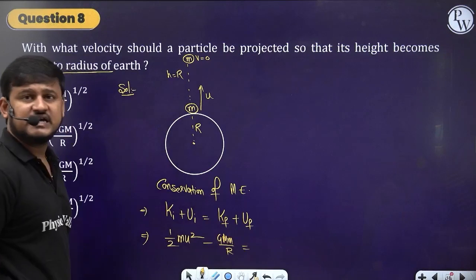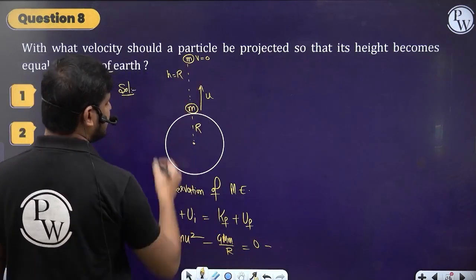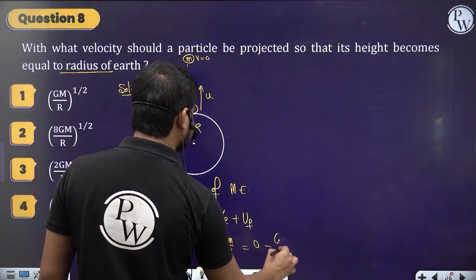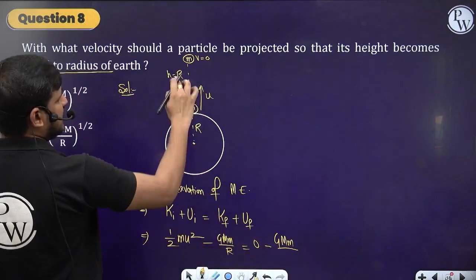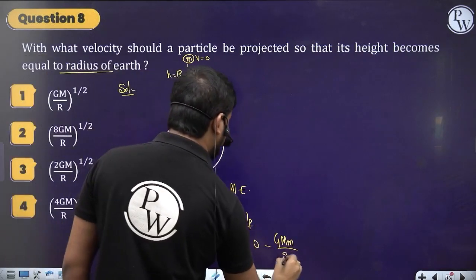The final kinetic energy is 0, and the final potential energy, when it reaches a height h equals r, is minus GMm by this r plus this r, total 2r.